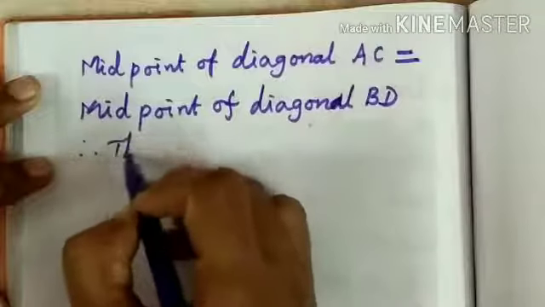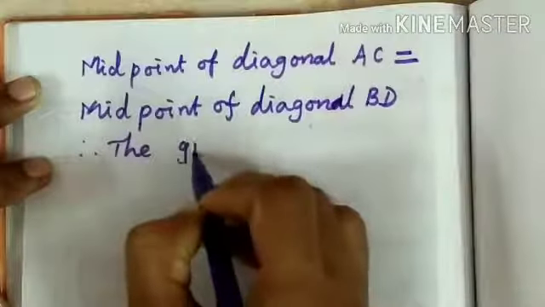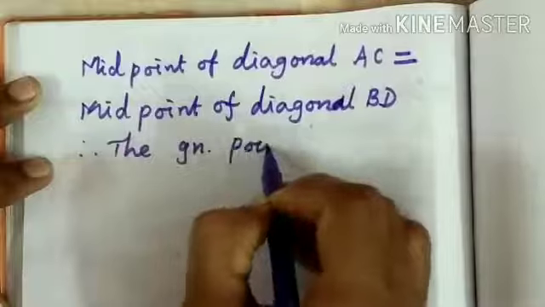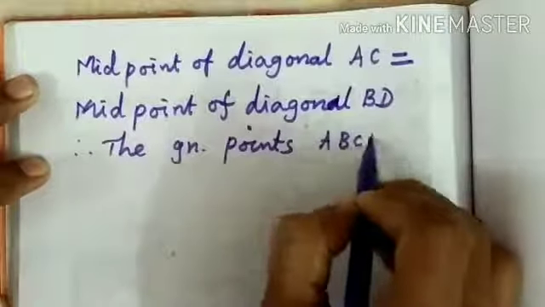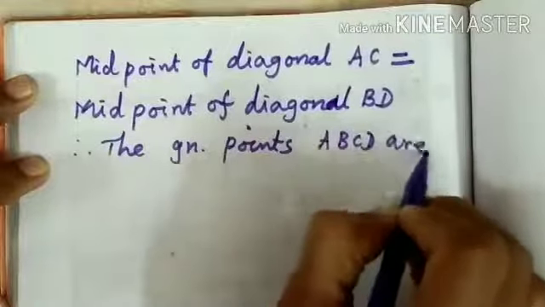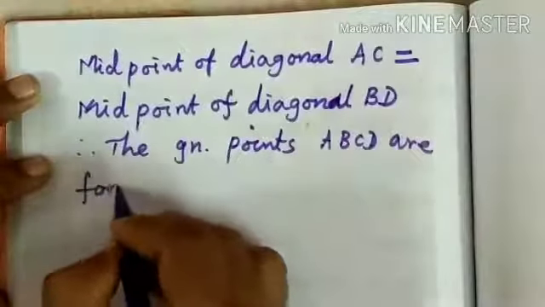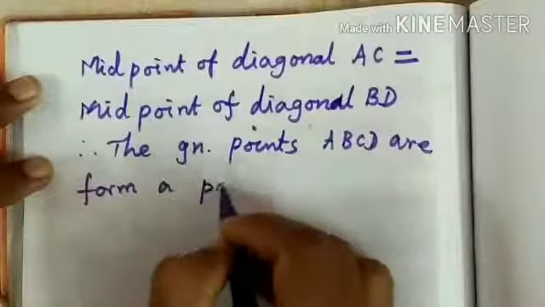Therefore, the given points A, B, C, D form a parallelogram.